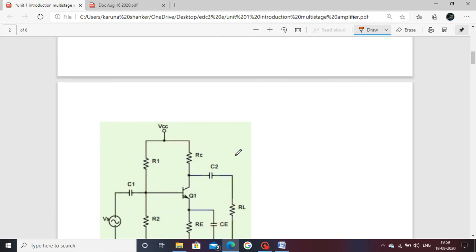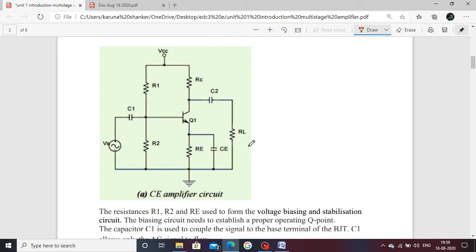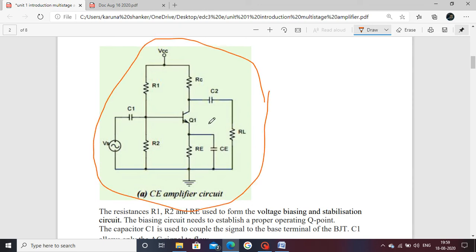Okay, this is the circuit of common emitter amplifier. This is also a single stage common emitter amplifier. Single stage means single transistor is used in this circuitry. These are the biasing components, R1, R2 and RE. This is your coupling capacitor on the input side, and this is also a coupling capacitor on the output side.